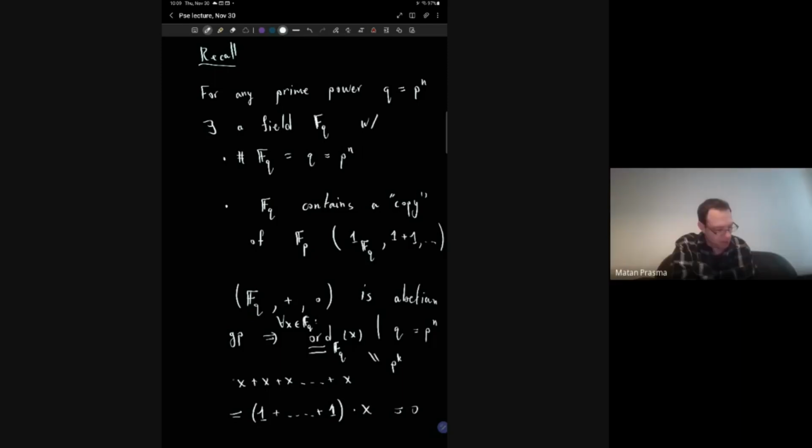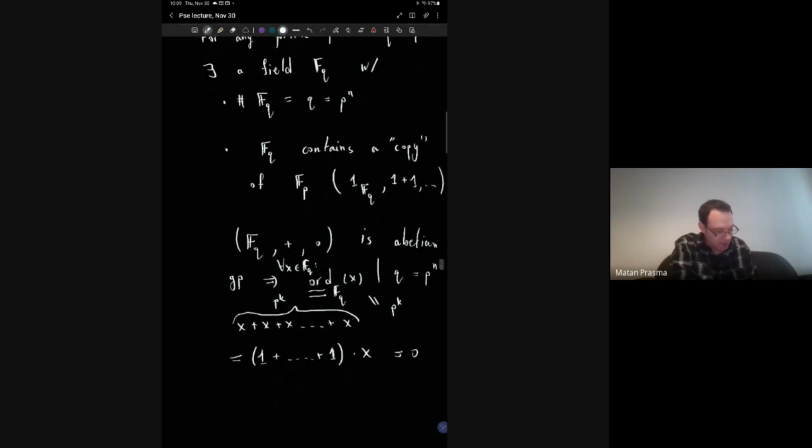Let's say this is p to the k, then it means that 1 plus 1 plus 1, p to the k times, must be equal to 0, since x is not 0, because in a field you don't have zero divisors.